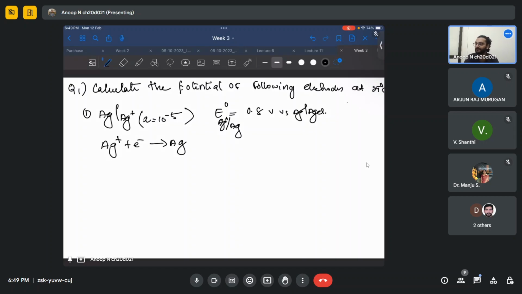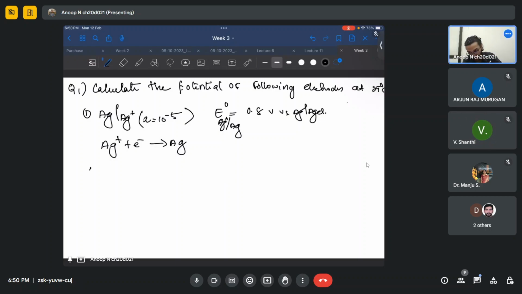Then we will solve. Anyone? Are you able to follow the problem, or shall I do the first one for all of you? Then we have a few more questions like this, so we'll solve those together.